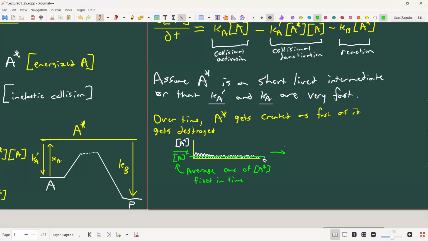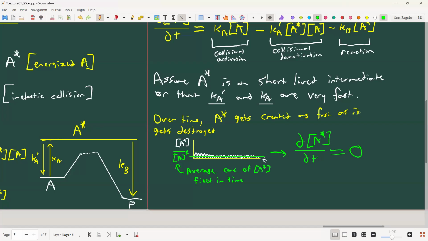Therefore, we can say that the time derivative of its concentration is equal to 0. It's basically being created and destroyed as fast as possible. So if we average for a long time over multiple steps, over multiple reactions and multiple passes, the concentration of A prime doesn't really change very much. It's just 0. It's flat.